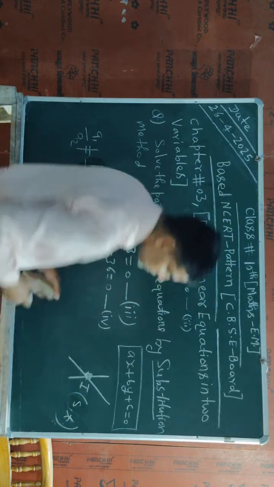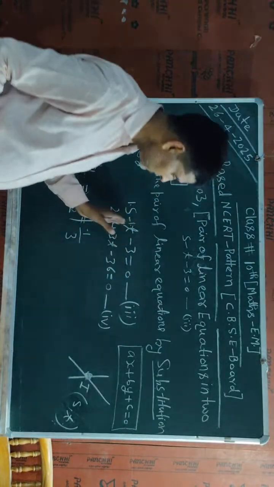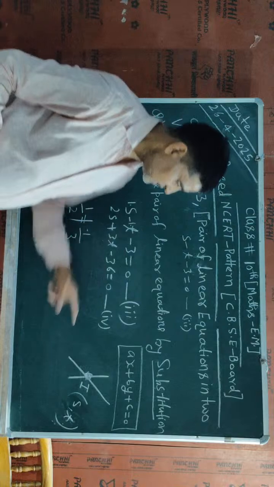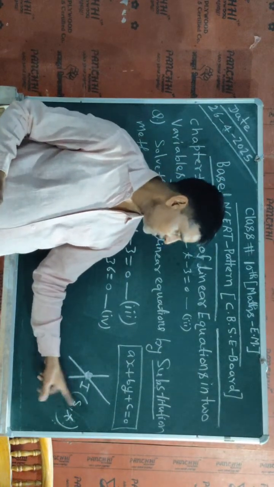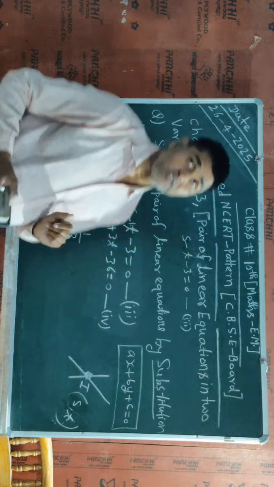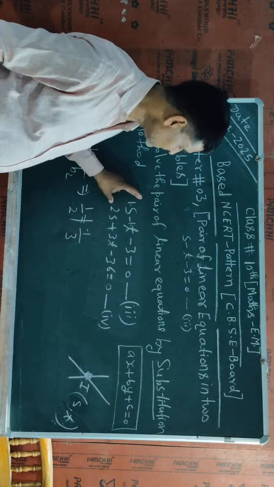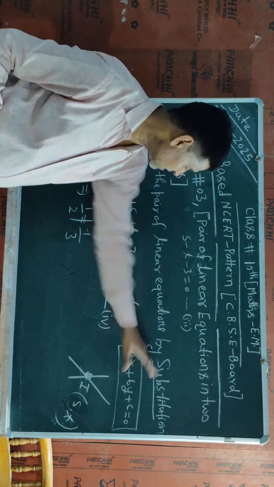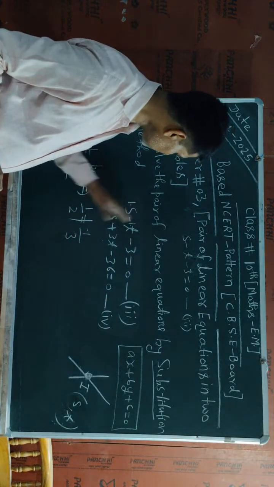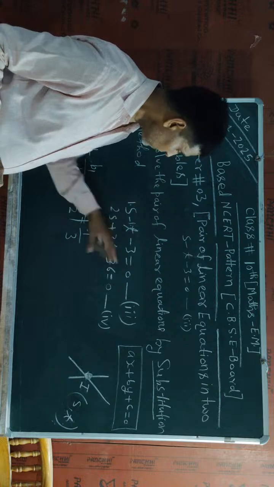Okay student, after using the substitution method I will solve it, and after solving I will get the value of s and also the value of t. That will be the required solution of this question. I have already arranged the given equations in standard form. Now I will use the substitution method, and after solving I will get the values of s and t from these two equations.